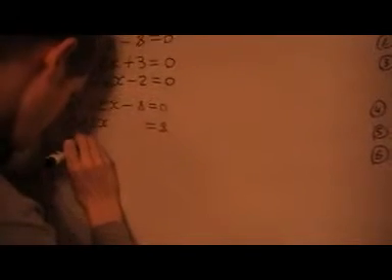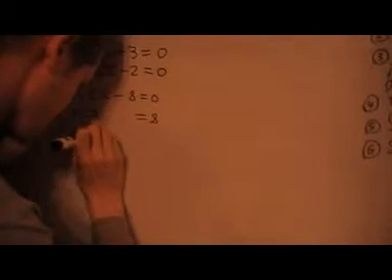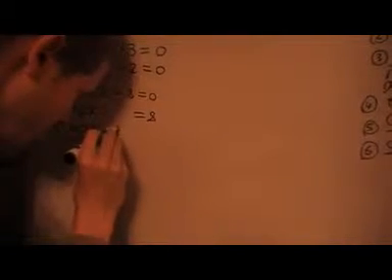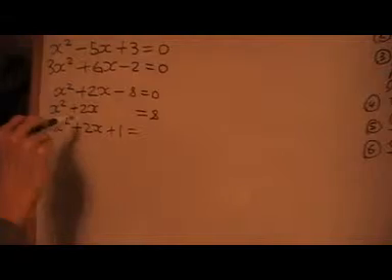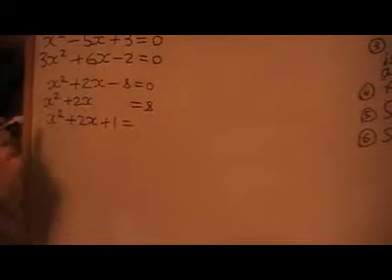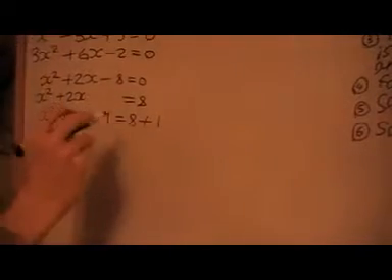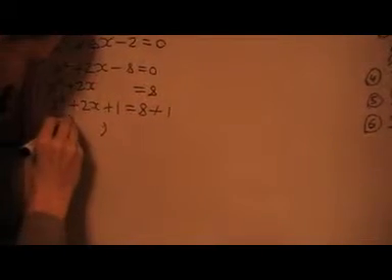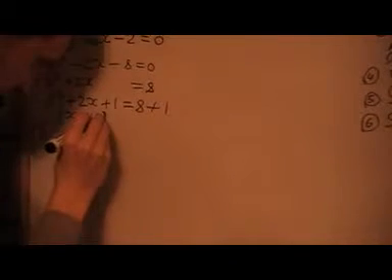So to make this a perfect square, I add 1. And because it's an equation, if you add something to one side, you have to add it to the other, so also add 1 to this side. And now, because this is a perfect square, I can factor it.